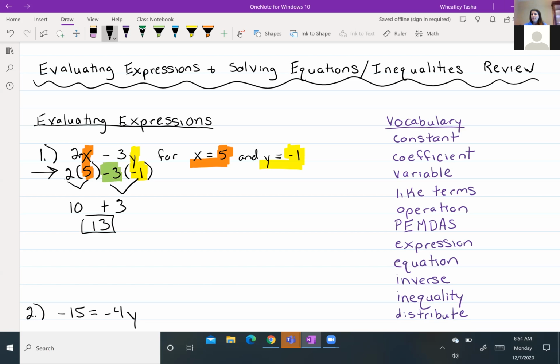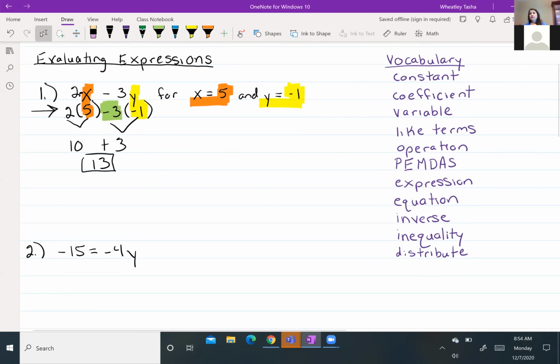Okay. Make sure you copy that down. I'm going to slide this up a little bit so you can still see it. Once you have that copied, go ahead and try number 2. And actually, let's put a little heading in here.